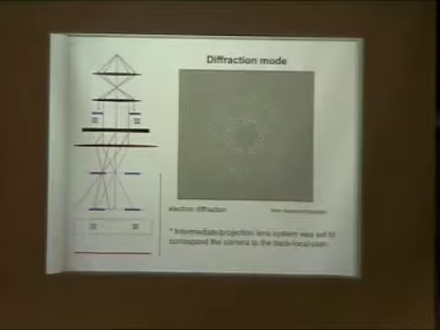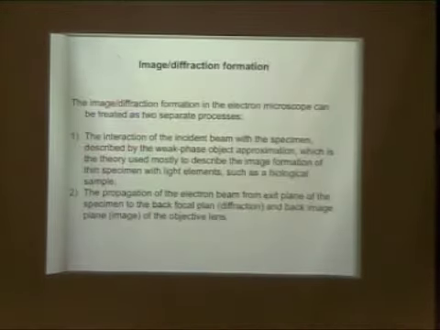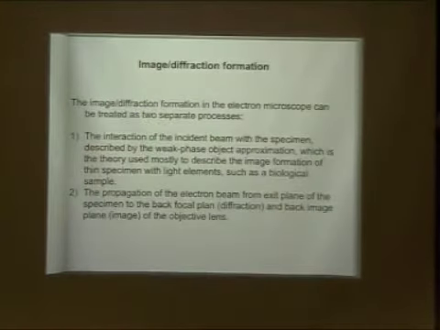Now we also go into a little bit of the formula describing how diffraction is formed. This is very similar to what I just showed you, based on the weak phase approximation: in the electron microscope, you treat the whole thing as two separate steps.